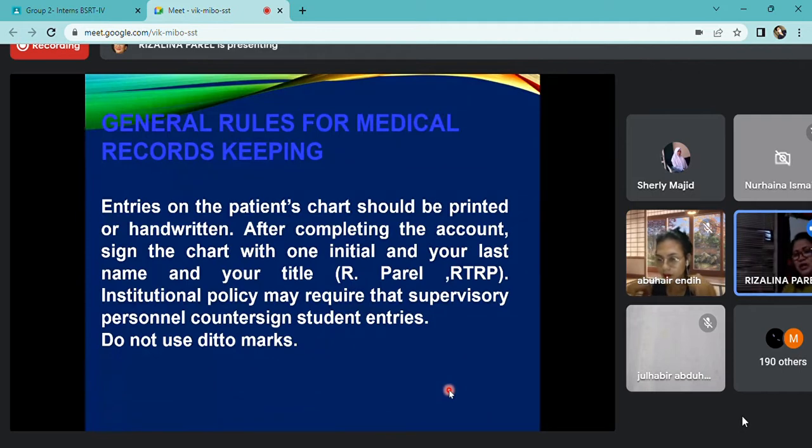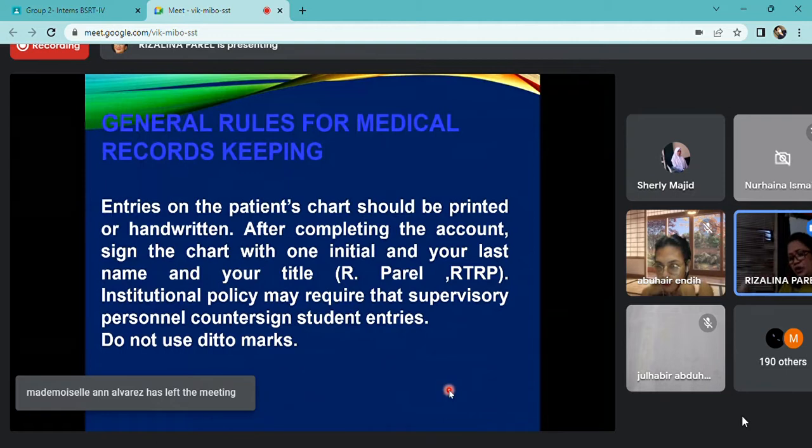Do not use ditto marks dahil pwedeng mapasukan ng other chart yon, lalo na kung yung chart na yon would be used for legal purposes kung merong magsampa ng demanda doon sa nurse o doon sa doctor, tapos ikaw madamay ka dahil hindi mo kinumpleto yung iyong charting. So meron kang space dahil nag-ditto mark ka lang or nag-repetition mark ka lang.